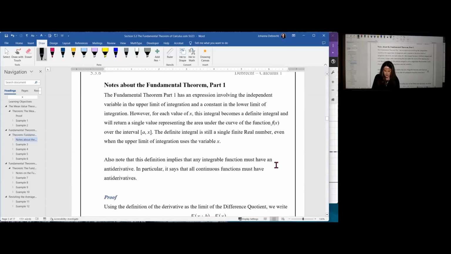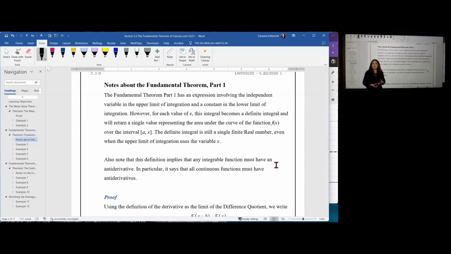Let's make a couple of notes about this fundamental theorem, part 1. For each value of x, let's suppose that we chose an x value, that a was 1, and we chose x to be 10. Then that integral that we define the antiderivative function to be would have a single value for that value of x equal to 10.